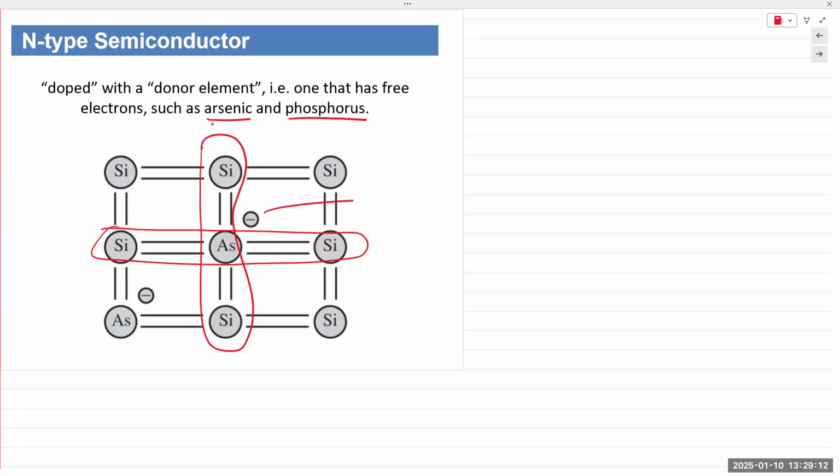So this is a free electron. It is free to move around anywhere in the material. And this one here is also a free electron. So you now have a plethora of electrons available to freely move.